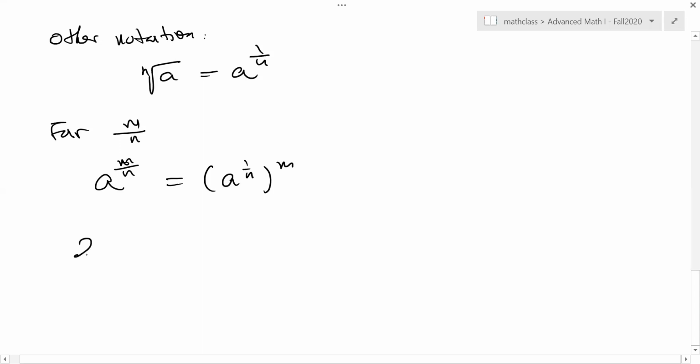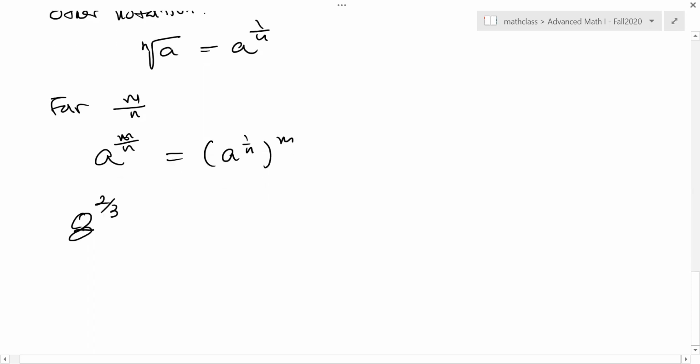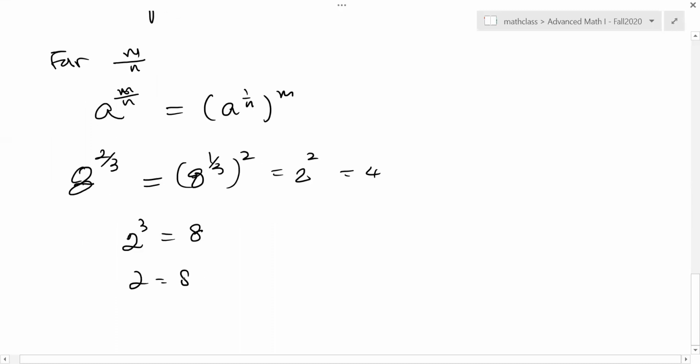In other words, like 8 to the 2 over 3, it is going to be 8 to the 1/3, in other words the third root of 8, squared. The third root of 8 is going to be 2, because 2 cubed is going to be 8. 8 to the 1/3 is a number whose cube is going to be 8, sorry.